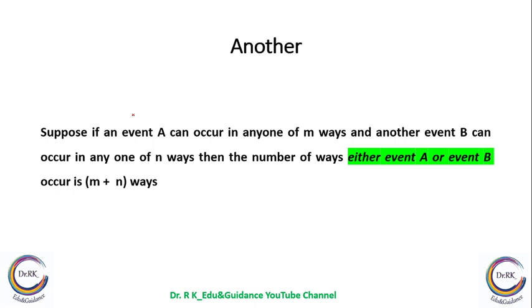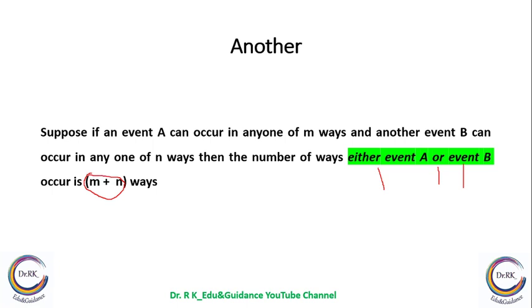Here, instead of both events, we ask in how many ways either event A or event B occurs. The previous case is the occurrence of both the events, where m into n comes into picture, whereas here it is either the happening of event A or the happening of event B. This happens in m plus n ways.